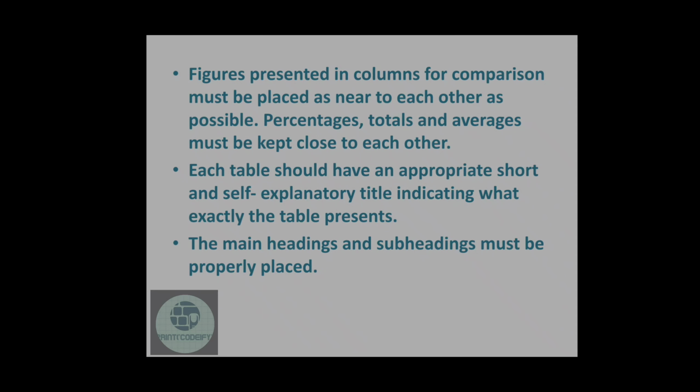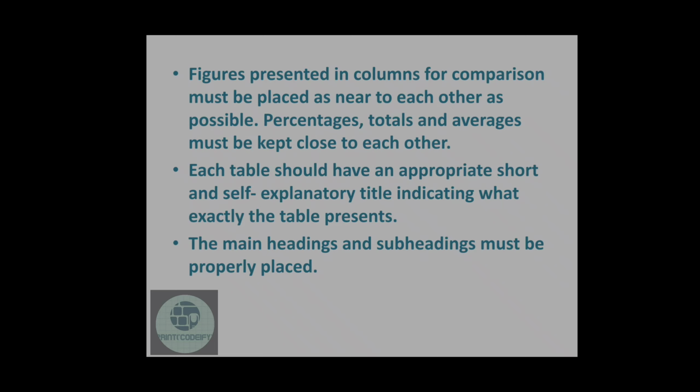Such data may be presented in more than one table, such that each table should be complete and should serve the purpose. Figures presented in columns for comparison must be placed as near to each other as possible. Percentages, totals and averages must be kept close to each other.